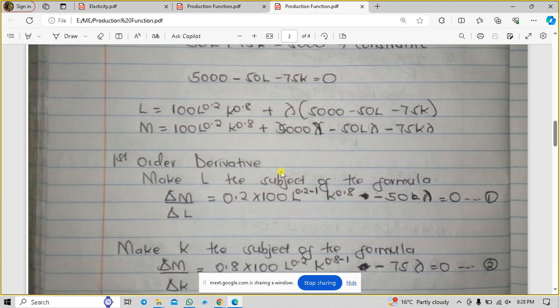From there we can now go to what is called the first order derivative. For the first order derivative, we are going to start. Oh, there's a hand raised. Yes, any question?